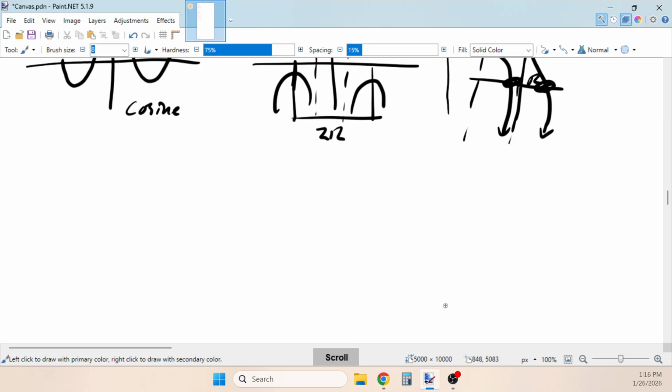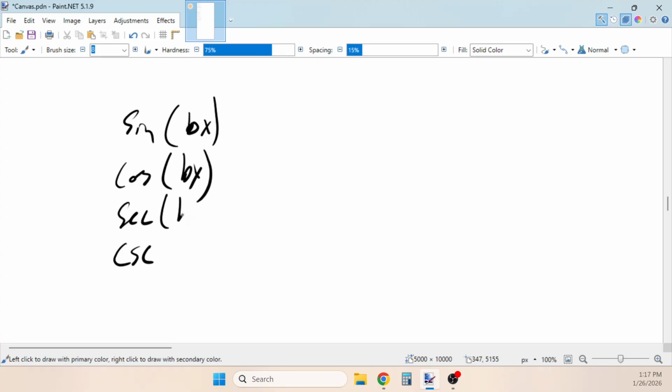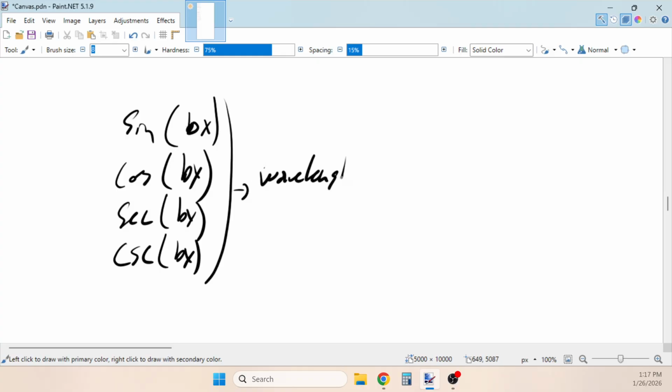So this is why when we are finding the wavelengths for sine, cosine, secant, and cosecant, whatever the number is here, Bx, these will all give you a formula for the wavelength of 2 pi over B. But for tangent, let's use x.